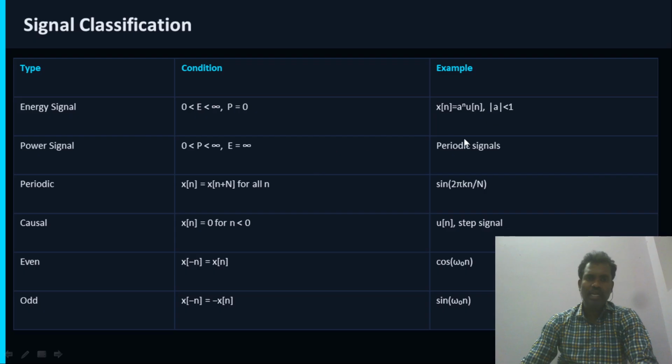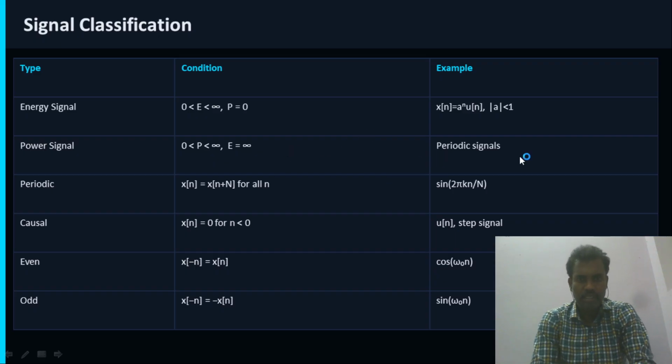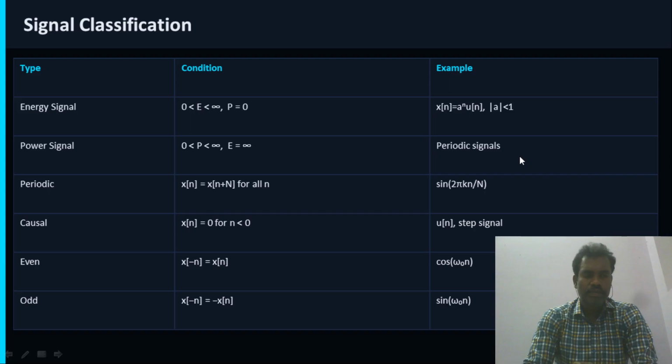If you calculate the total energy, adding all the energies is infinite. So we calculate only one period, or per unit time, the energy, and that is called the average power. If it is finite, the finite values are added an infinite number of times. That means E is equal to infinity. So this difference we should be able to remember: for an energy signal, power is 0. For a power signal, energy could be infinite.